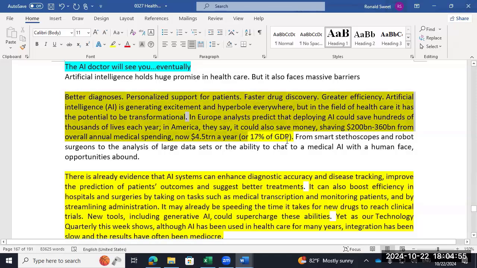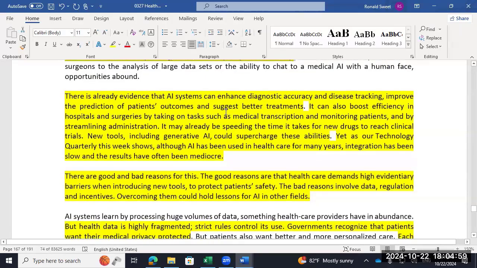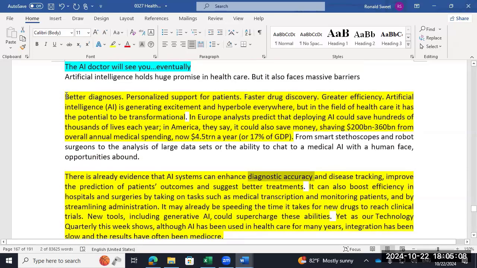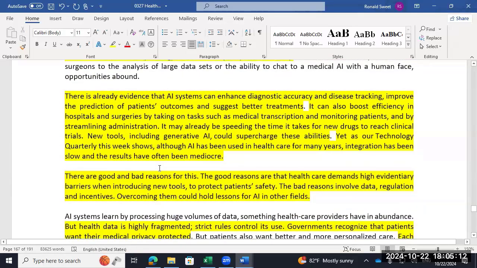So that whole paragraph could go into your technology section, or you can summarize that. Enhanced diagnostic accuracy, disease tracking, improved prediction of patients' outcomes, better treatments. He wanted to create a list of where AI could influence. You can just see it there. Better diagnosis, save lives, lower costs. It's the ultimate solution.